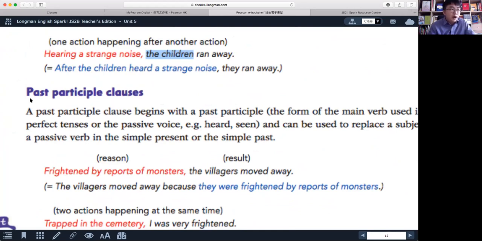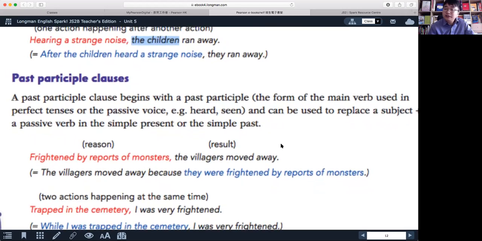So what about past participle clauses? What's the difference? Okay, so before answering this question, let me ask you another question. Do you know what a past participle is? Is this term familiar to you?